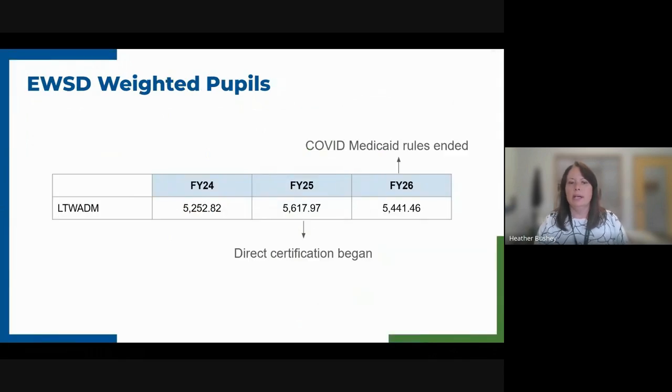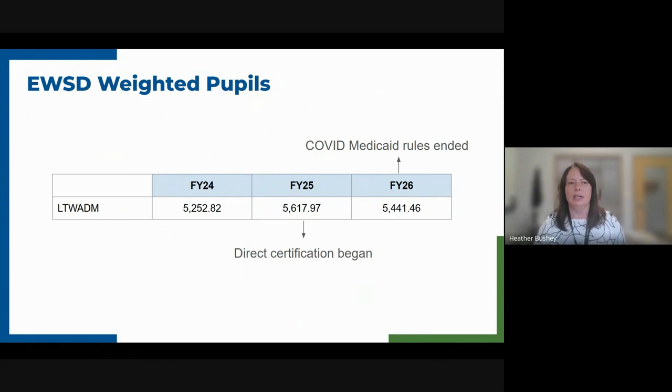So when we look at our pupils and what those numbers have been over the last few years, we've talked about this, but just to bring this back: in FY24, we were collecting information and students were having to fill out a family information form and tell us what their income was. Not hugely successful.